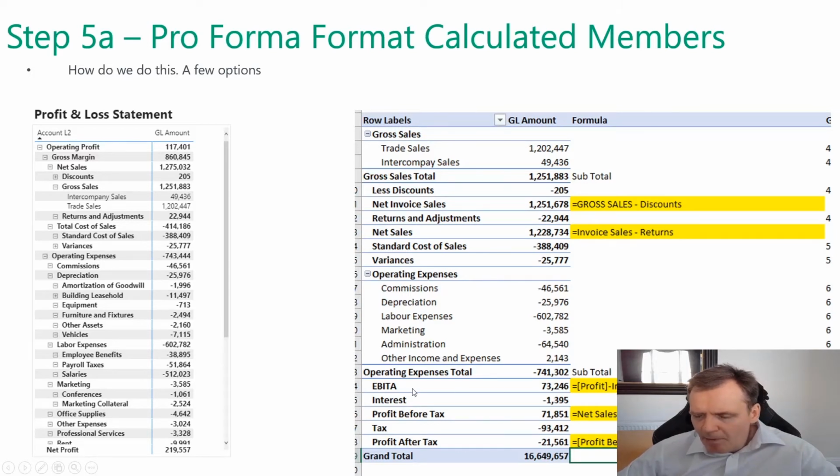When we come down to the bottom, here's an example of a very common key performance indicator, EBITDA, right? So what we're going to do is take the profit less interest, tax, and amortization, and there's another variance, EBITDA, which is also less depreciation, right?